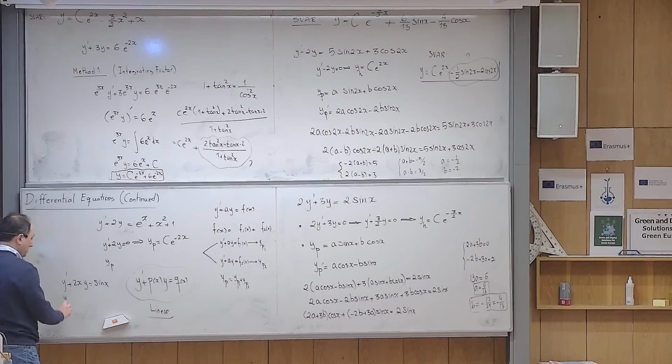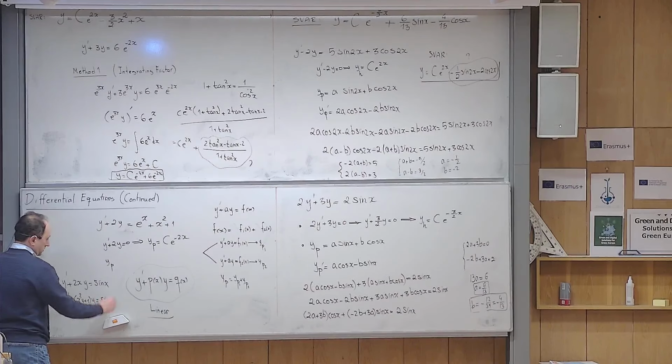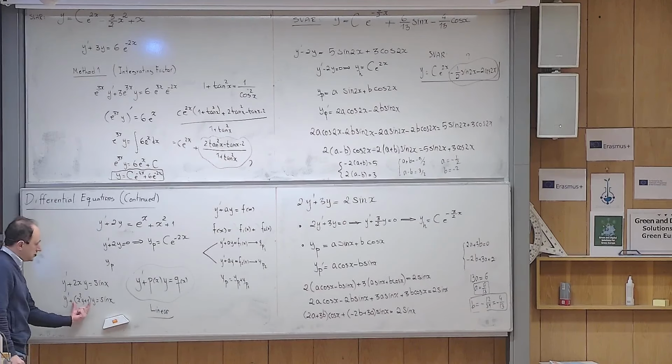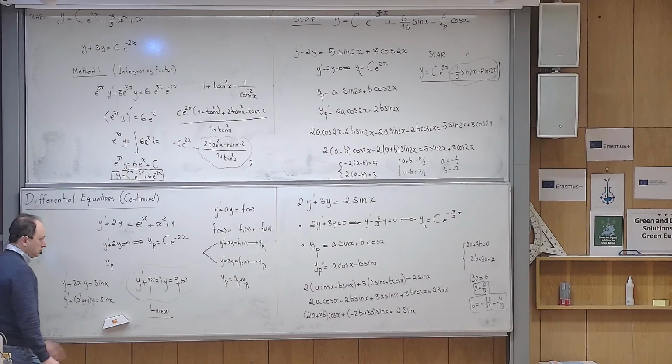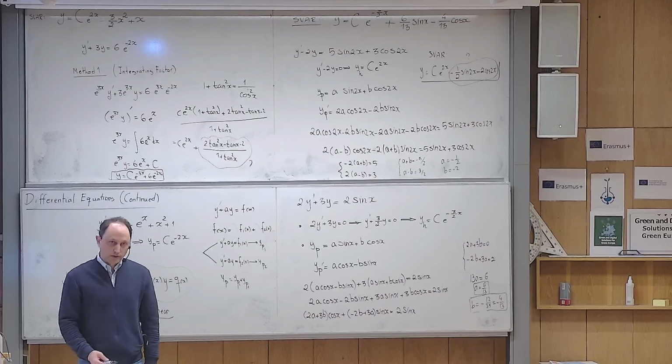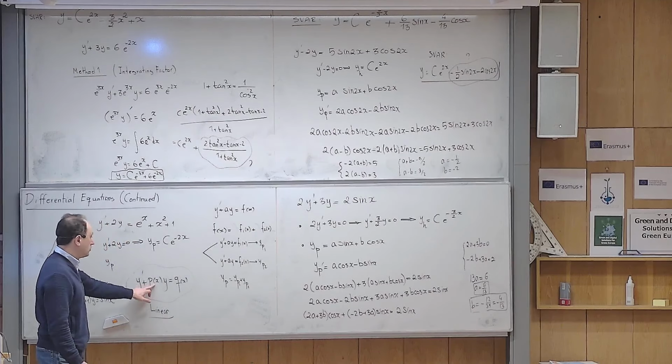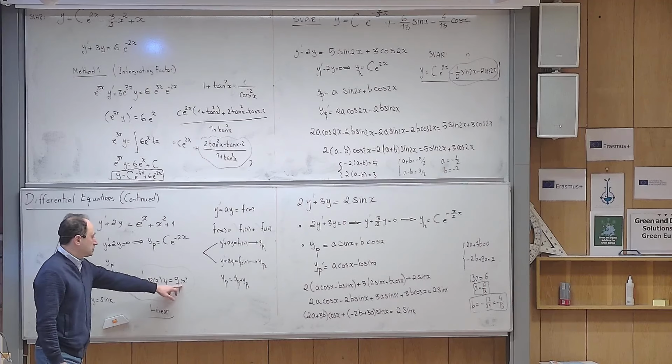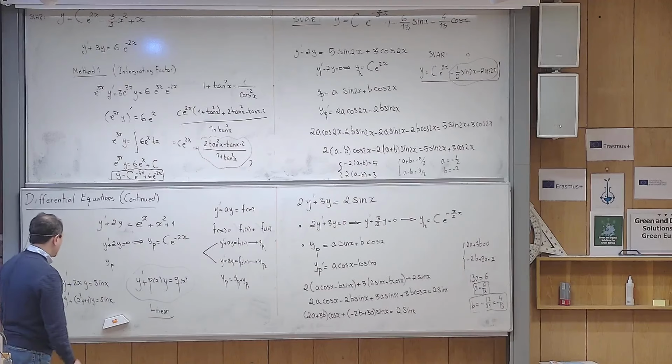But this one is non-linear, for example, because this coefficient also depends on y itself. So that's non-linear. But when I write p of x, it means that it is only related to x. If the coefficient here is only a function of x, and this one is also a function of x only, then that differential equation is linear.